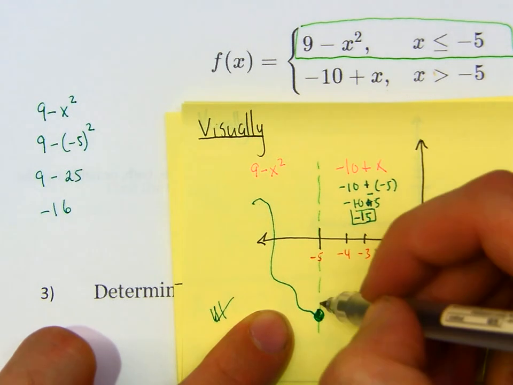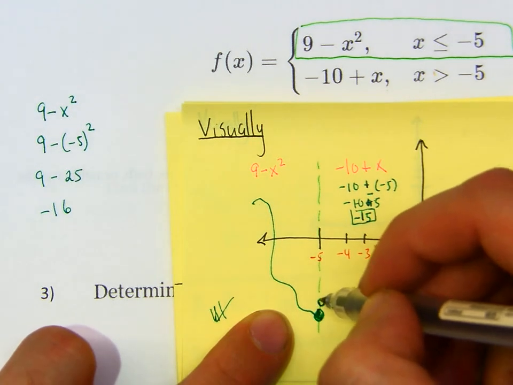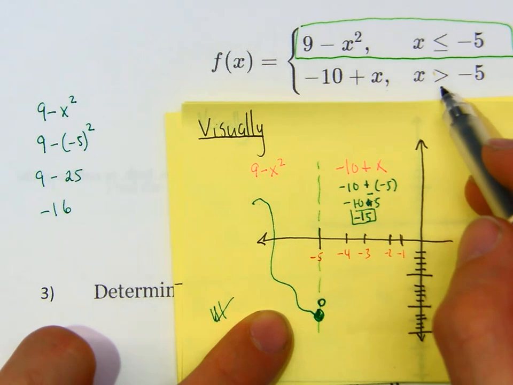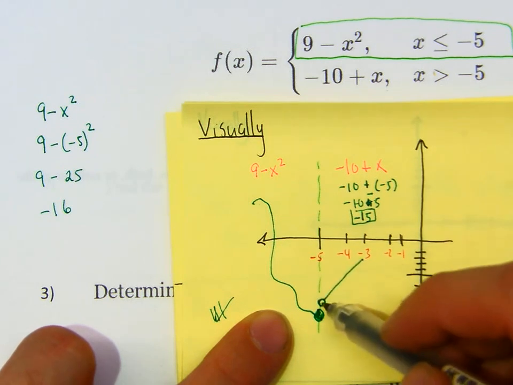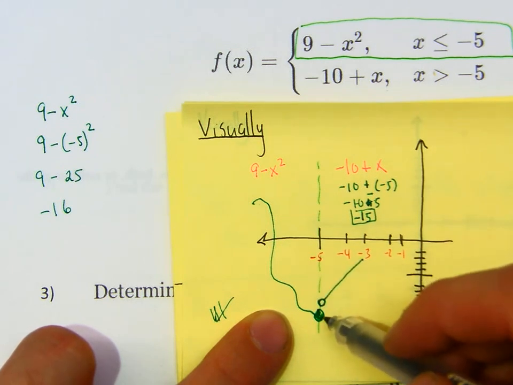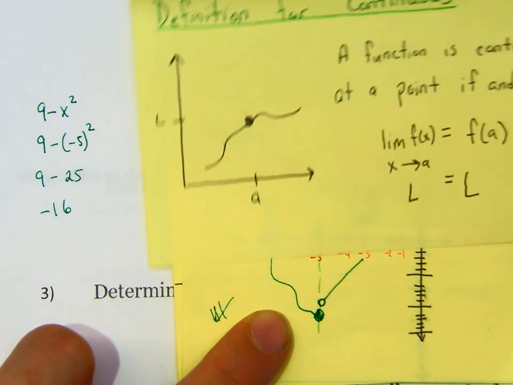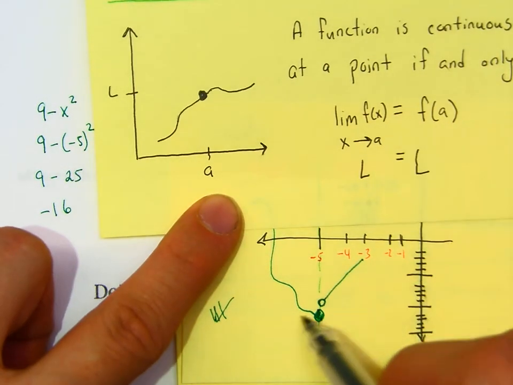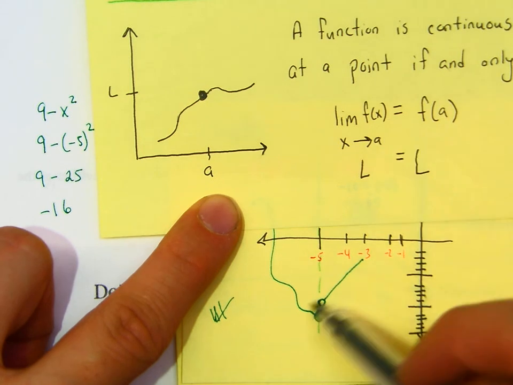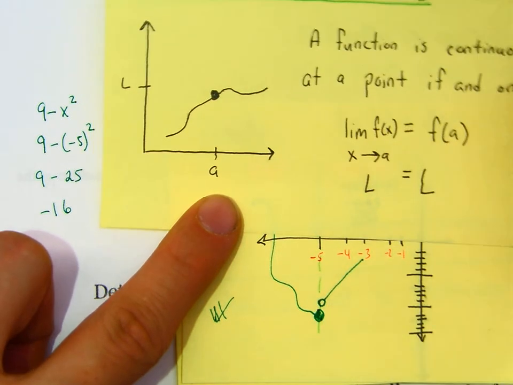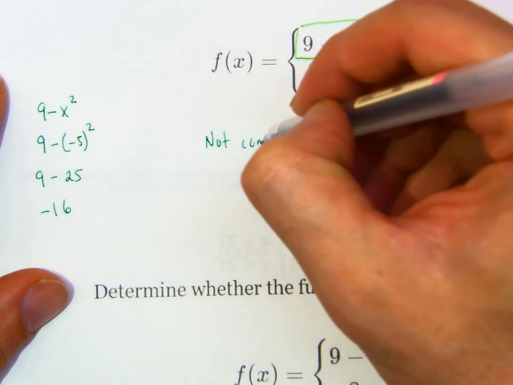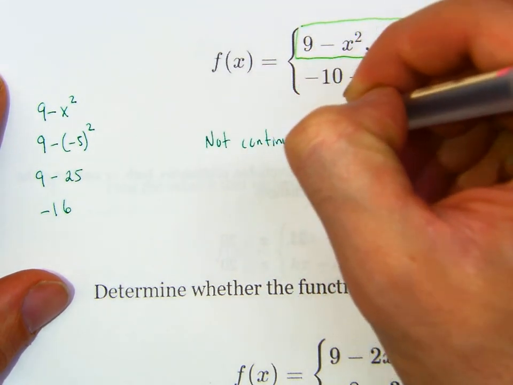So the graph goes to here at this point, and it has to be open. This function is not continuous, because based on the definition, the limit doesn't exist, so the function is not continuous, okay?